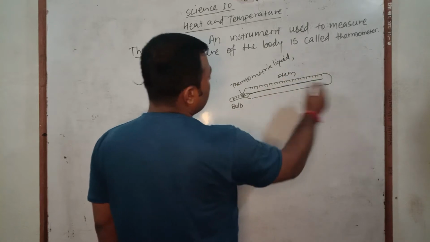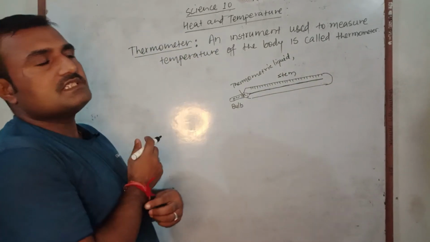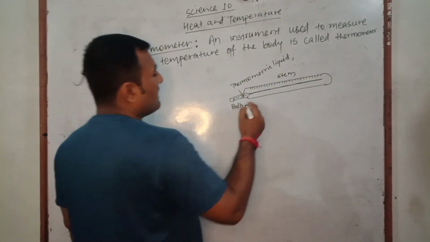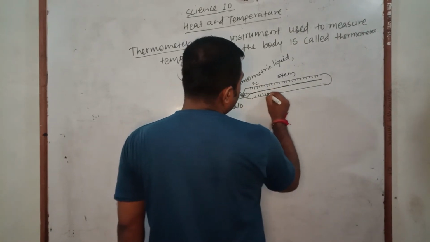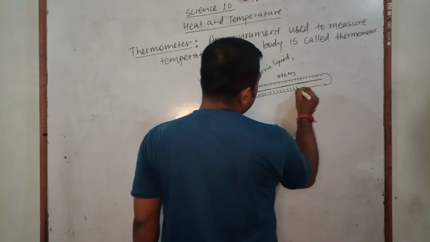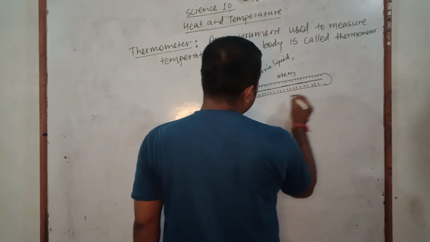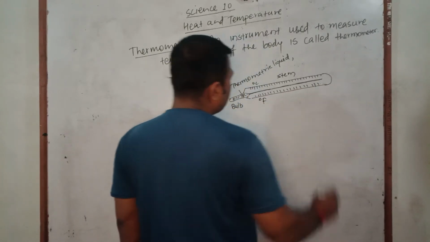The temperature scale mentioned on a thermometer is of different types, like degree Celsius on one side of the thermometer, and some thermometers measure in Fahrenheit.